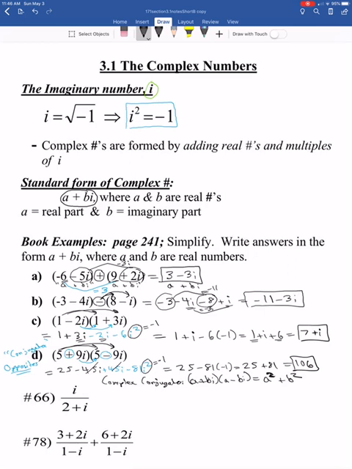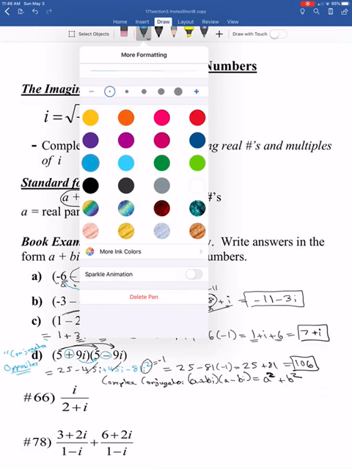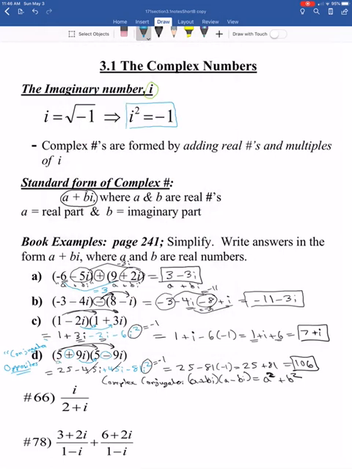So back at the beginning, for example, in this problem, a was 5 and b was 9. Well, 5 squared plus 9 squared, that's 25 plus 81. So right here you can see a squared plus b squared. That's your product with complex conjugates. So that's a shortcut that you could use to simplify.